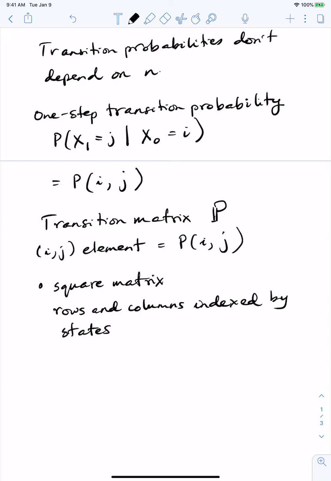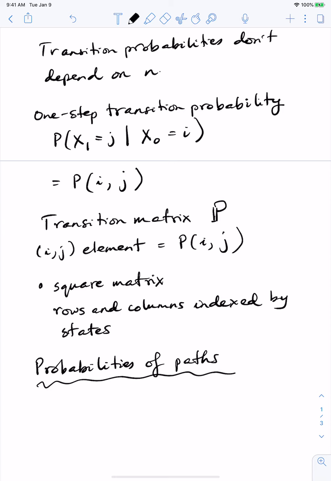These transition probabilities make it easy to find probabilities of paths. A path is a trajectory. It's a sequence of states that your chain visits.